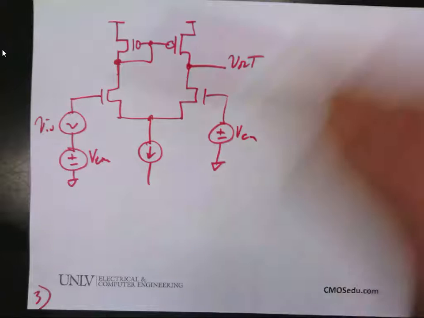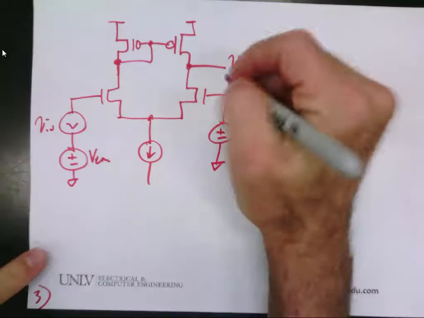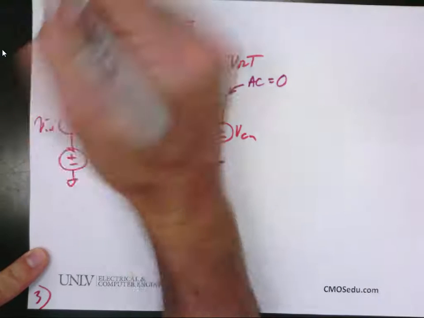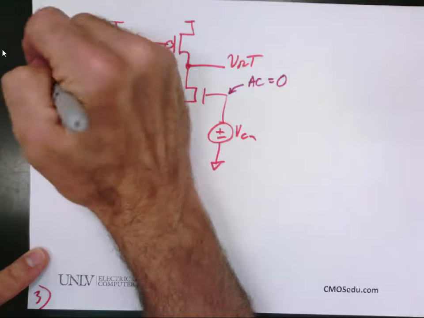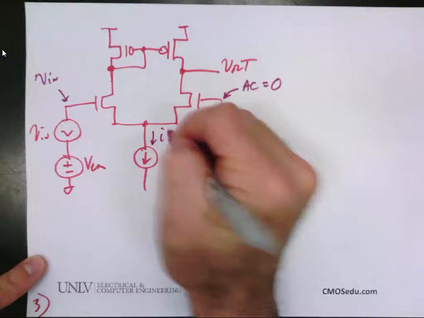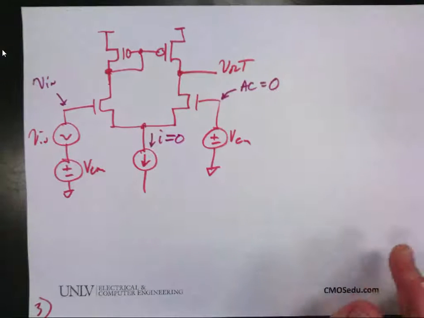So I want you to follow what's happening. So what's the AC voltage here? 0. What's the AC voltage there? Yep, everybody agrees. How much AC current flows through there? Anybody not follow that?